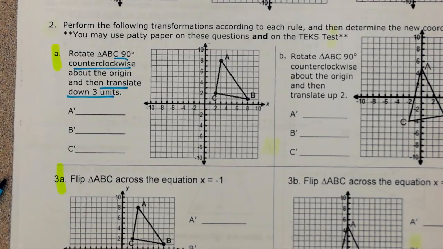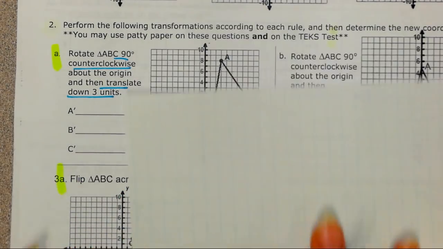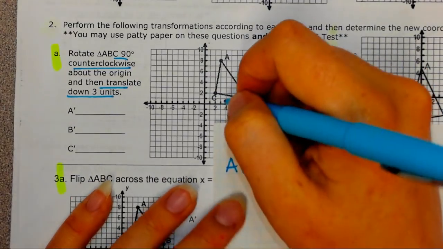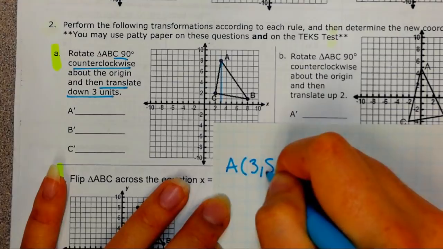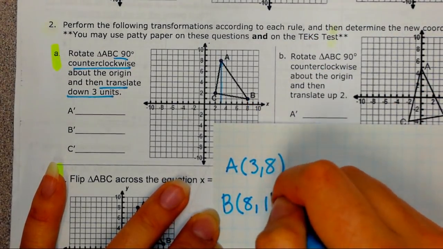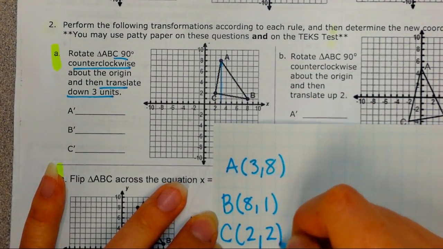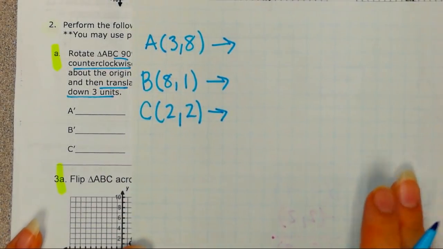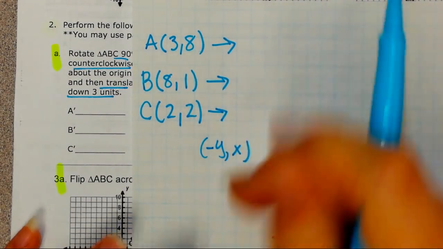So let me get some scratch paper here. Okay, so taking our original coordinates, we have A is at 3, 8. B is at 8, 1. C is at 2, 2. Okay, so I'm going to apply the negative y, x rule to each of these coordinates.